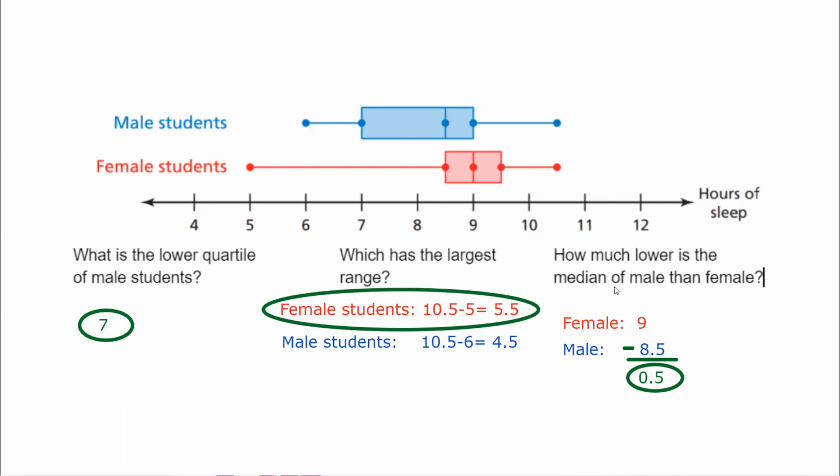And then how much lower is the median of male than female? We're looking at our medians, which are these lines right here. For males, that is 8.5. For females, that is 9. Subtract them because we're trying to figure out the difference between the two. So it's 5.5 hours less.